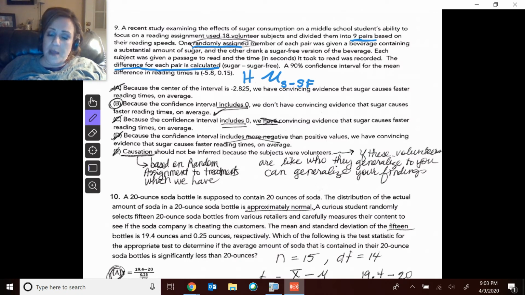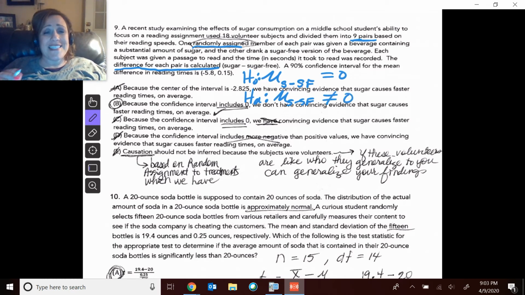So see, that null hypothesis would say on average there is little to no difference. Okay? They were wondering if the average of the sugar minus the sugar-free, I don't remember, they were just saying, is there an average difference in the reading times? Okay? So not equal to 0.